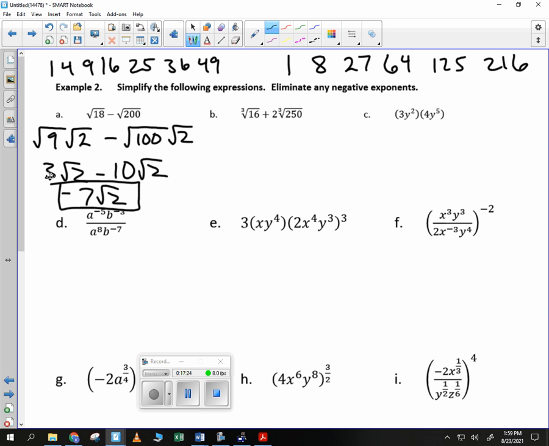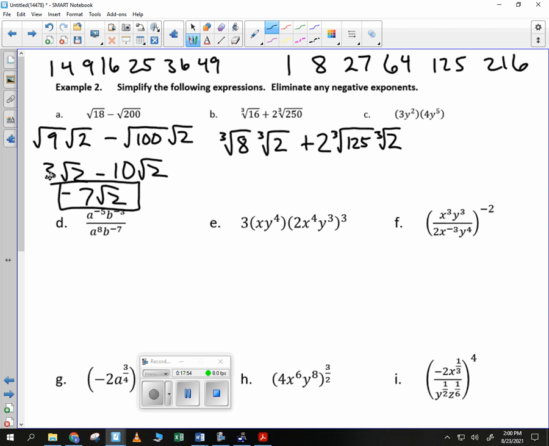What's the perfect cube that divides evenly into 16? 8. 8 goes in how many times? So I have the cube root of 8 times the cube root of 2 plus 2 times the cube root of, what perfect cube goes into 250? 125. That goes in twice.